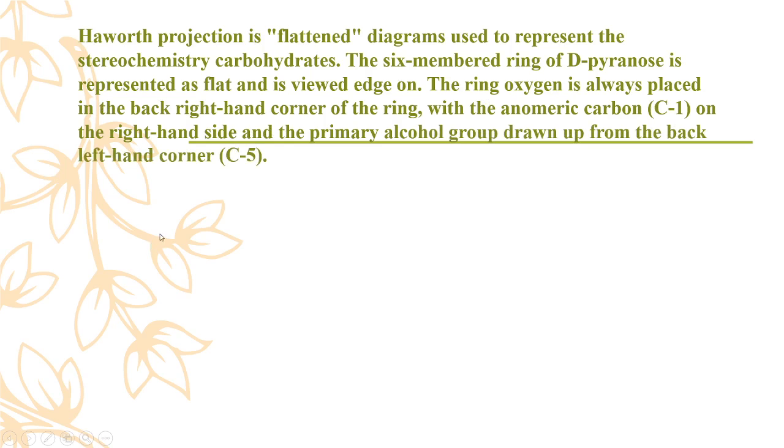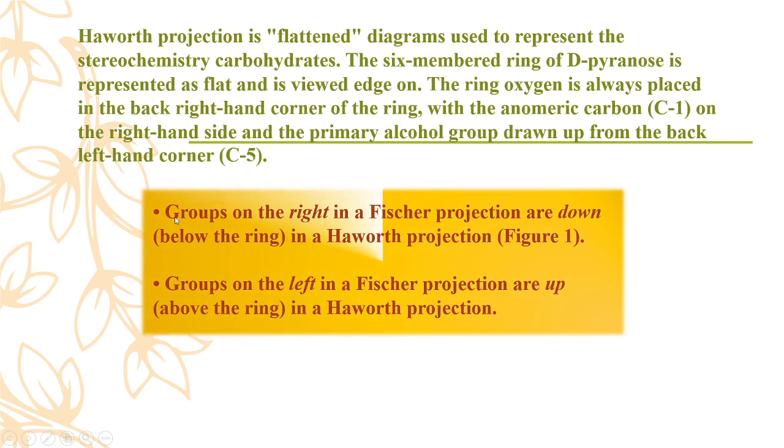In the last structure, we wrote the oxygen at the back of the ring on the right hand corner, with the anomeric carbon, that is C1, on the right hand side, and the primary alcohol group drawn up from the back left corner, that is C5.